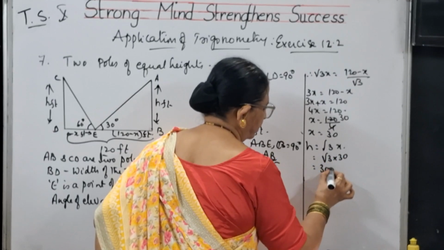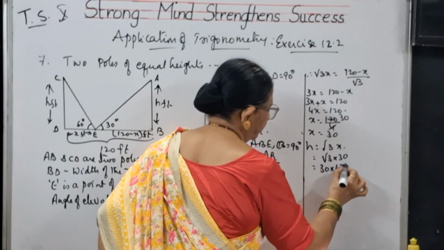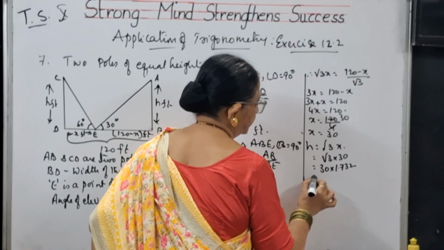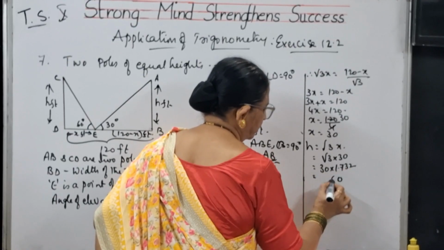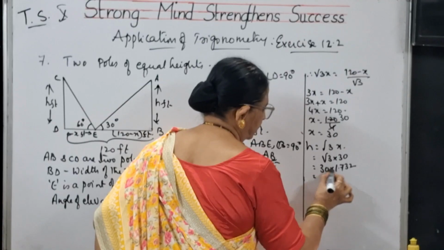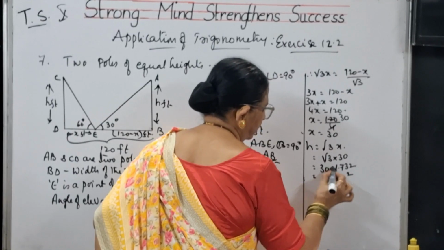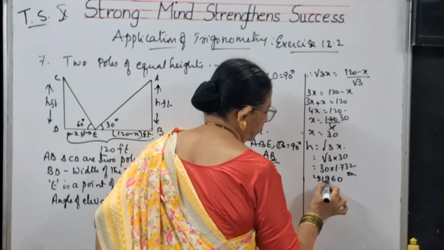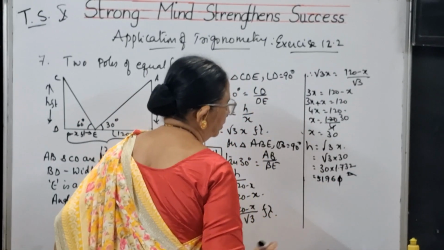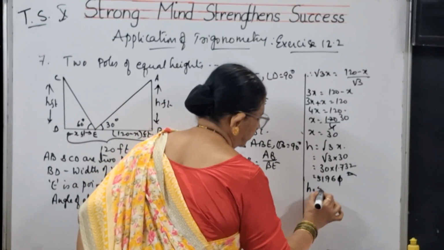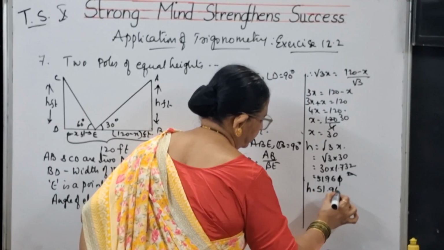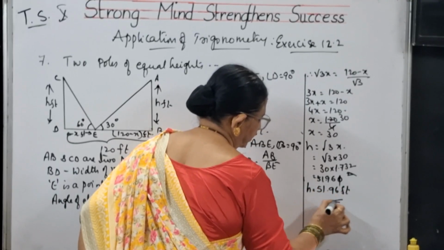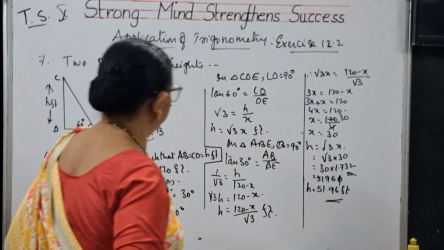That means 30 into 1.732. 3 2s are 6, 3 3s are 9, 3 7s are 21, 3 1s are 3, so 51.96. H is equal to 51.96 feet. This is one of the answers, the height they are asking.